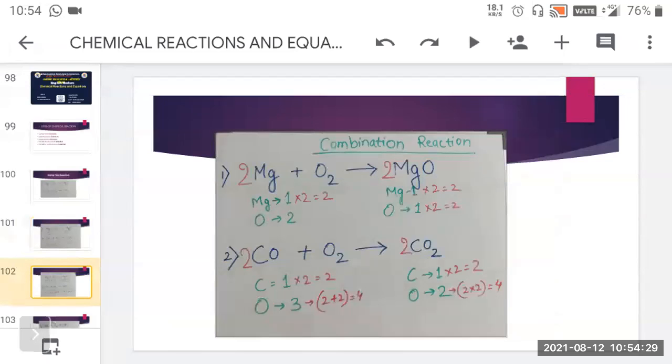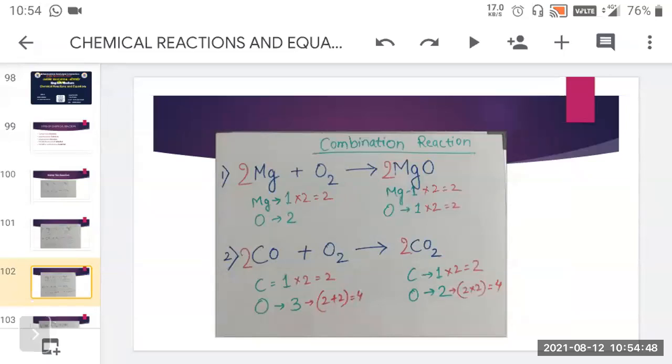If 2 is added there, oxygen has become 2, but with that Mg also becomes 2. So now Mg is 2 and oxygen is 2 on the product side.